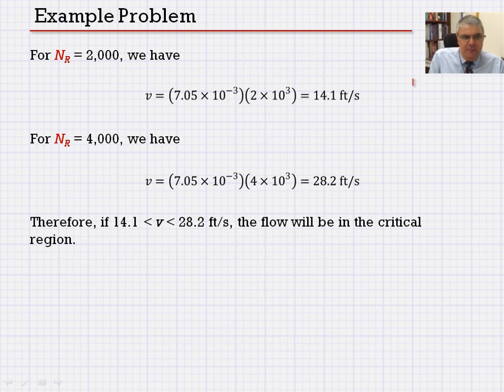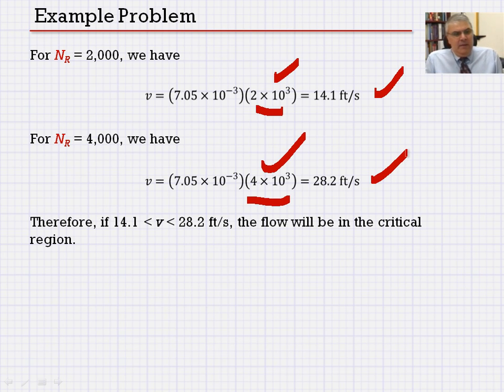First, we set the lower limit, so we set the Reynolds number to 2,000. We substitute that into our previous equation, and we calculate V as 14.1 feet per second. Then we use the upper limit, 4,000, in that equation, and we calculate the velocity as 28.2 feet per second.